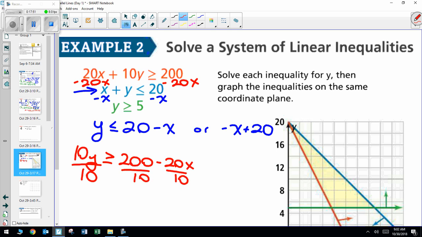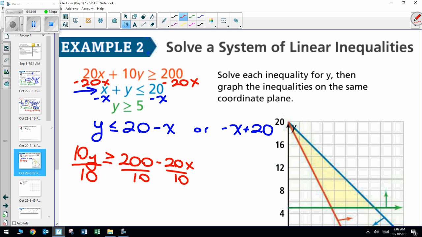And remember, when you divide by 10, everything on the left is being divided by 10, everything on the right is being divided by 10. And remember, if I'm multiplying or dividing by a negative, what do we do with that inequality sign? You flip it. That's right, flip it.